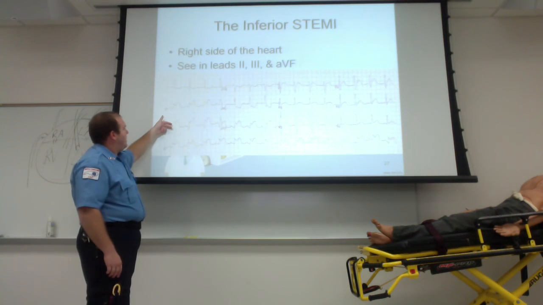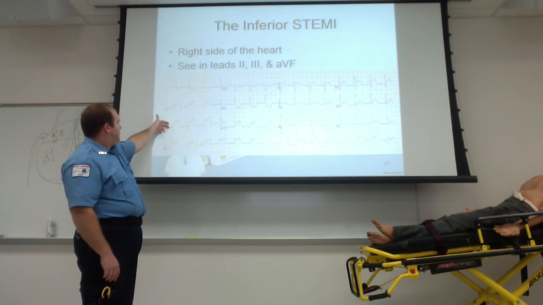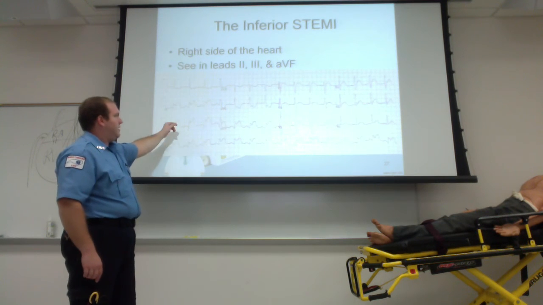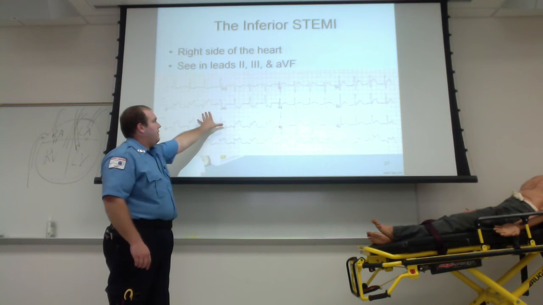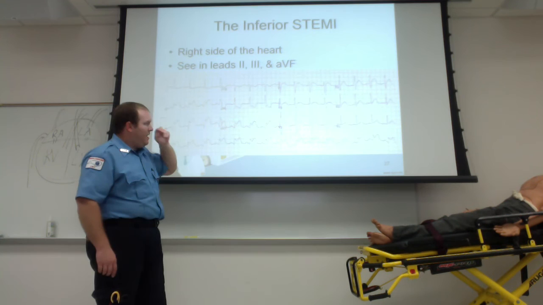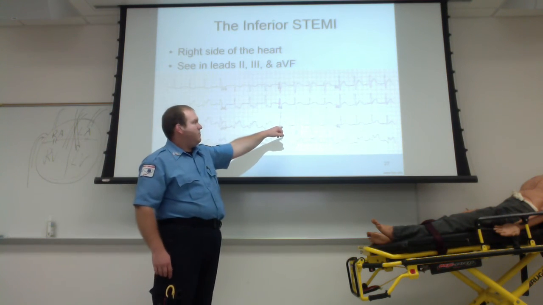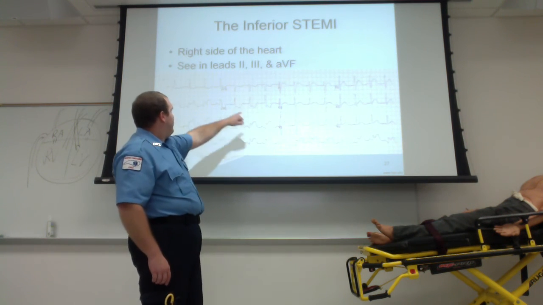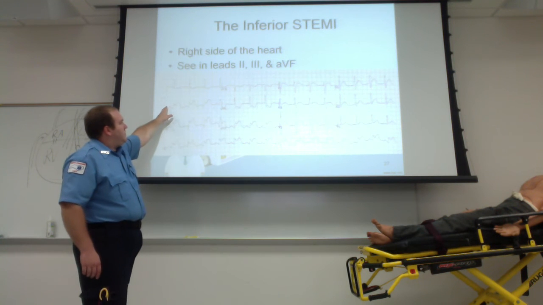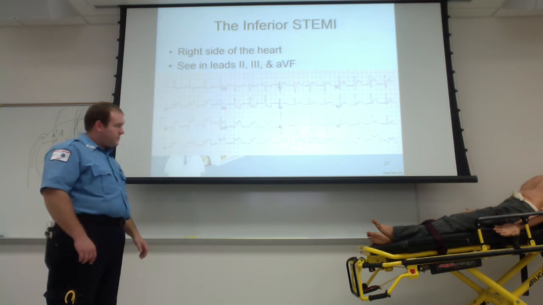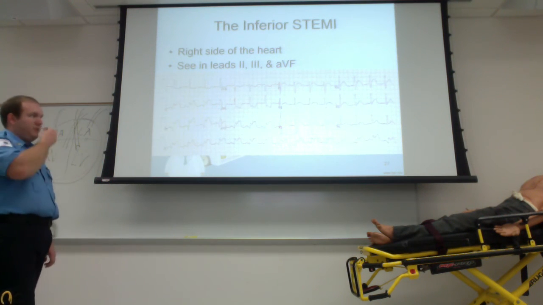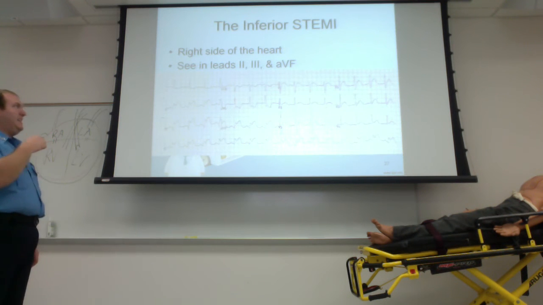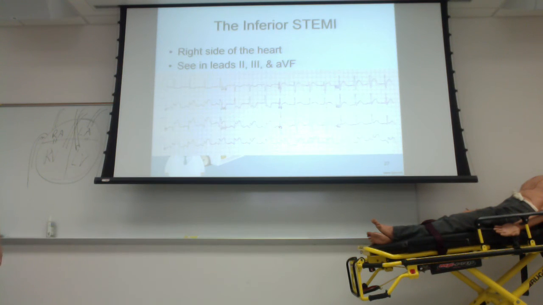Good bit of elevation there, 6 millimeters of elevation. These here, and then also in your aVR, all of those inferior leads, and even a little bit more involvement in other places as well. And then you can confirm it by having your depression in lead I and aVL here. Just helps to confirm you got your STEMI going on, and I'd like to hold off this nitro and see what the paramedic crew says.